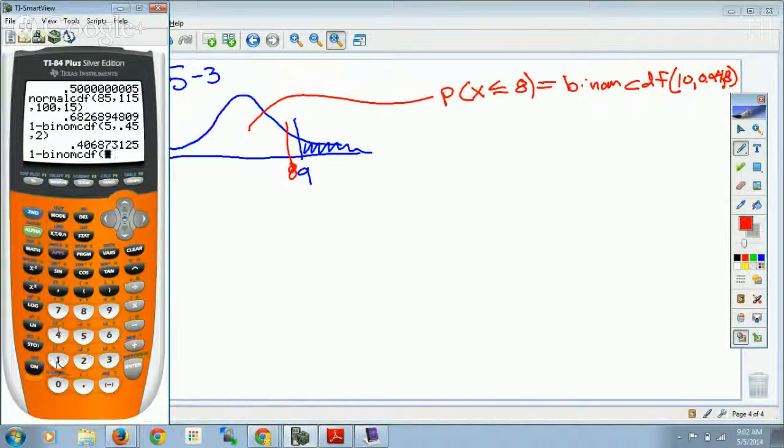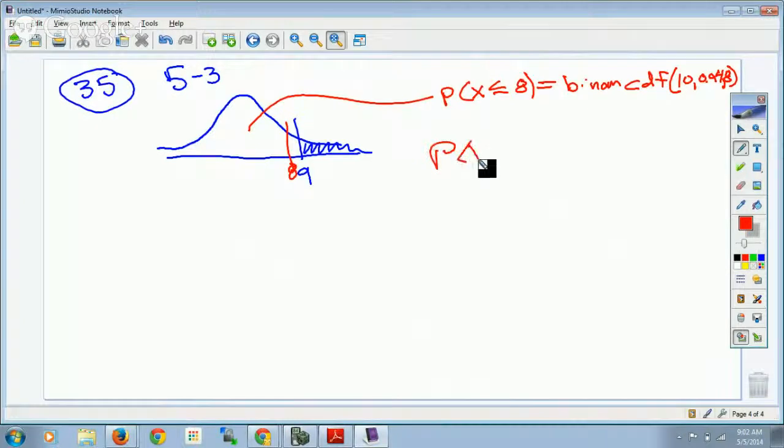And there are 10 trials. Probability of success is 0.94. And I want to eliminate up to 8. Enter. So that probability is, ooh, look, that's a big one. Let's write that down, 0.882.